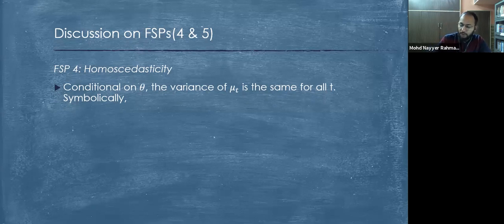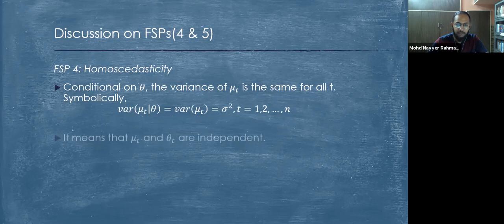So you run some tests of homoscedasticity and heteroscedasticity, and if the variance of the error terms is the same for all time periods in time series data, then you say there is homogeneity in the error term, and you can go for the regression analysis.